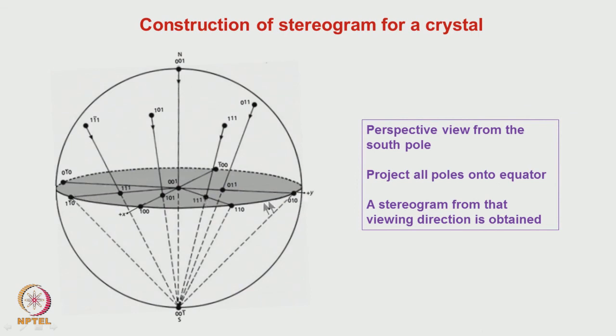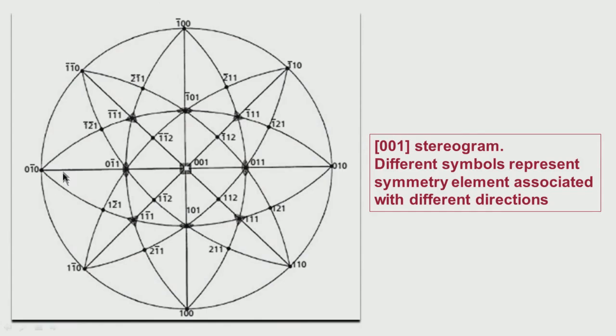Here you can see the various poles, and as we discussed in the last class, the angular relationship between the various poles lying on the surface of the sphere is being maintained here. And this projection plane is the stereographic projection. That is the projection plane which is shown here.